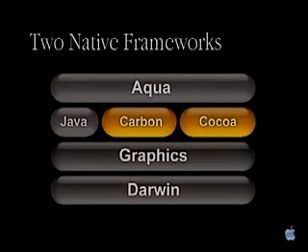Well, it's a trick question. There's two. Cocoa and Carbon are both native frameworks for Mac OS 10. In many ways, Carbon is the procedural API of a lot of the functionality that we have that's an implementation detail, and Cocoa is the object-oriented API to those. We share a lot of code below the surface. We're investing heavily in both of them.